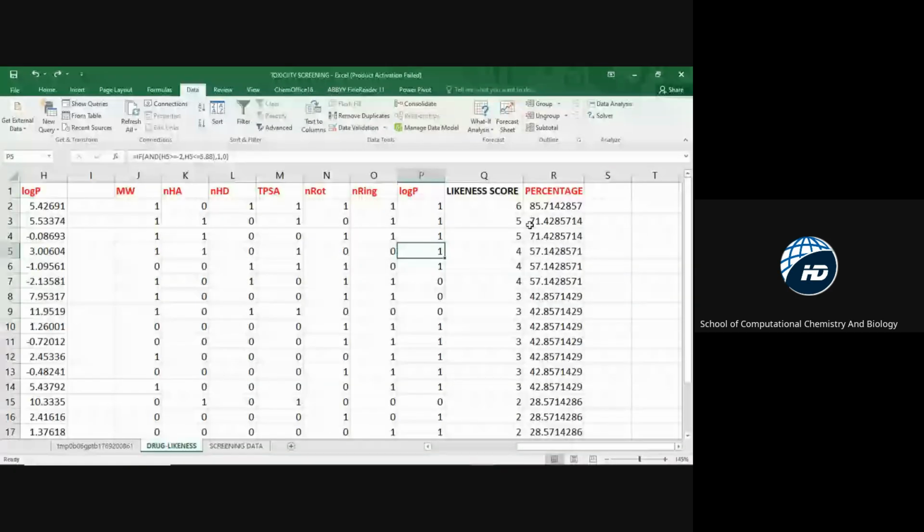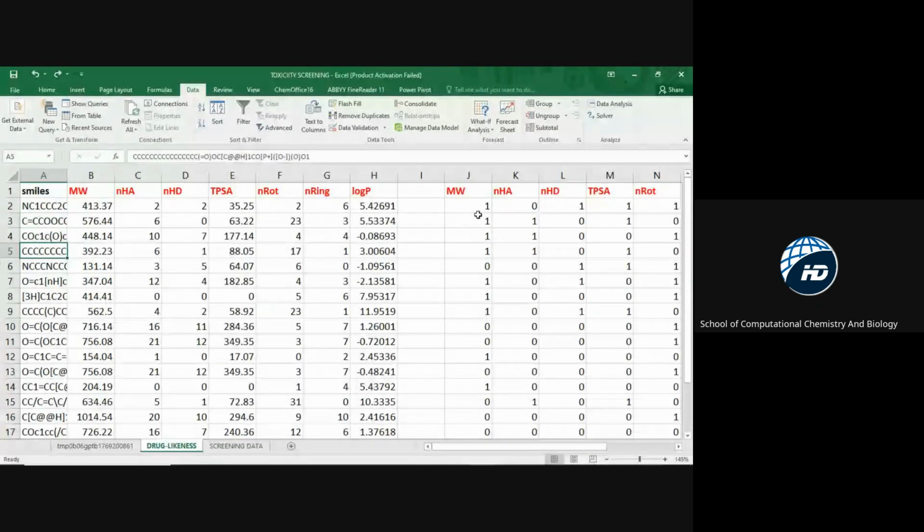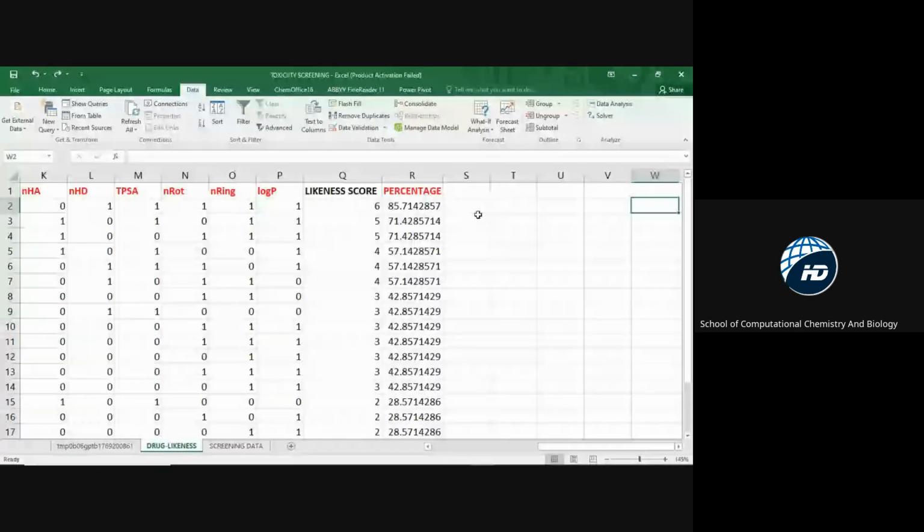So you can do that correlation. If your interest is on isolation or synthesis, then you will not use all your data for the likeness model. You only use the ones that passed the toxicity screening.